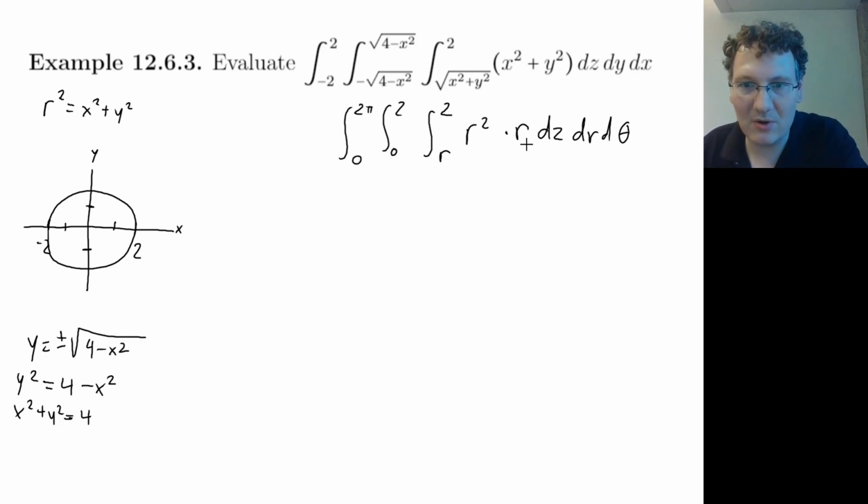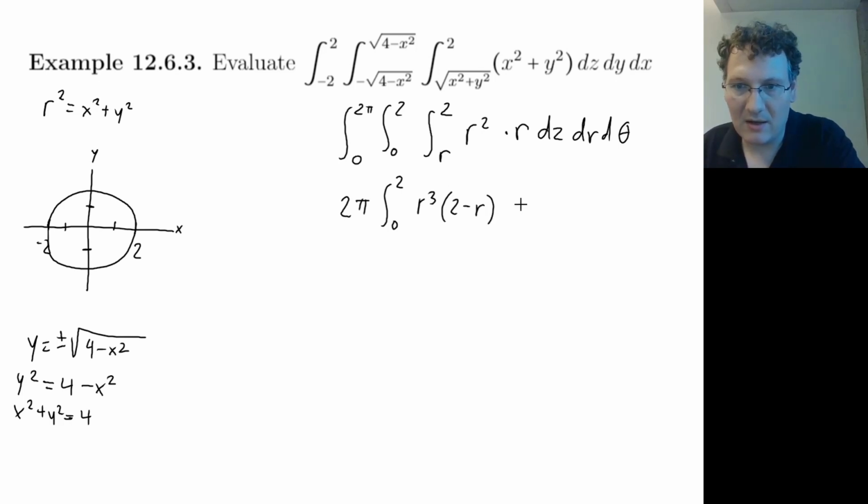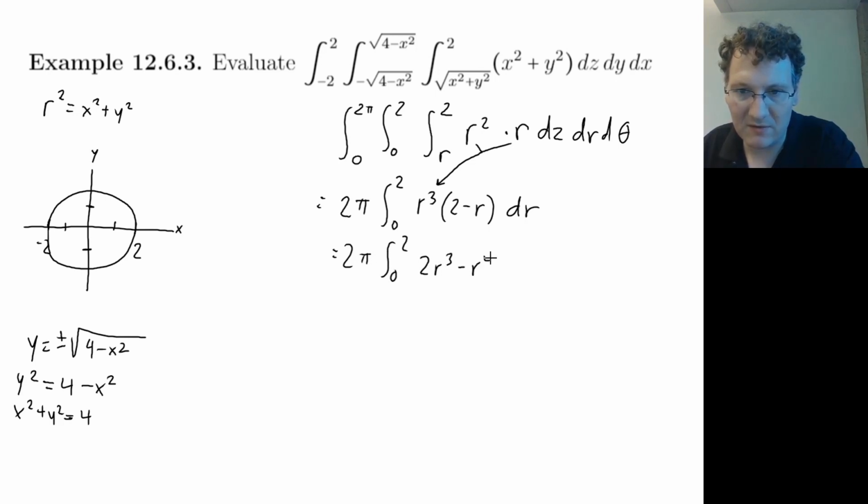And so this is not too hard to evaluate now. There's no z, and there's no theta, so I'm going to have 2 pi times the integral from 0 to 2 of r to the third times 2 minus r, and then the dr. The r to the third was just this, and then the other factor is the 2 minus r. That's 2 pi, 0 to 2, of 2r cubed minus r to the fourth dr. Let's do the integral now.